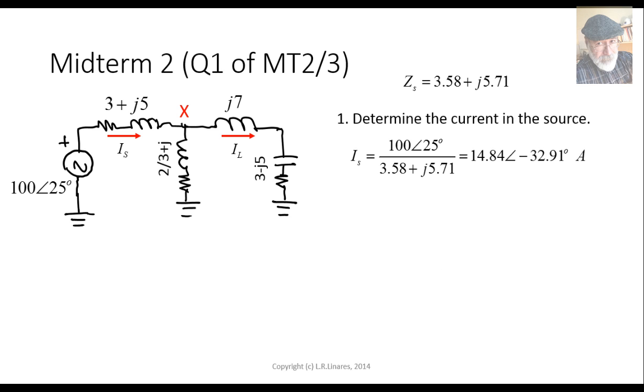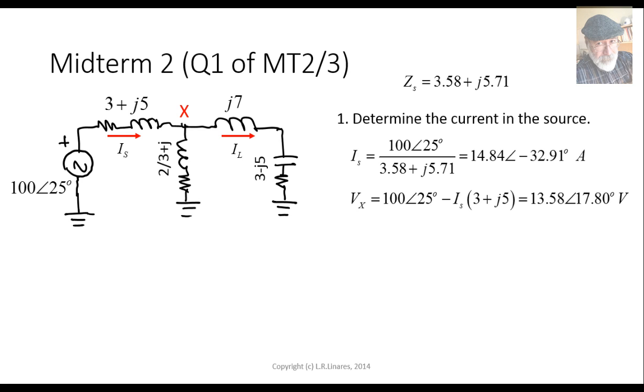Determine the current in the source. Oh, fine. The voltage in the source divided by the equivalent impedance seen by the source. That is 15 amps with negative 33 degrees. And then I can compute the voltage Vx as the voltage of the source minus the drop in 3 plus j5, and that is 13.6 volts with 17.8 degrees.